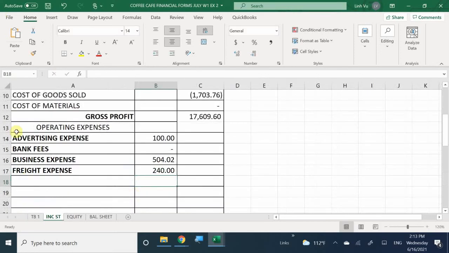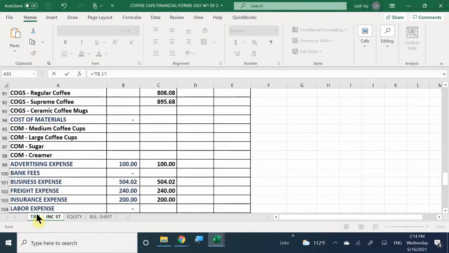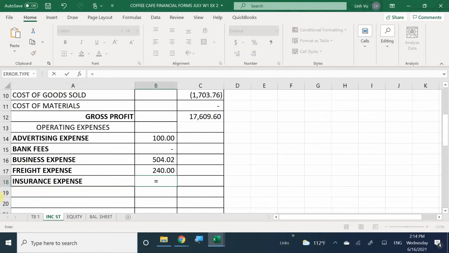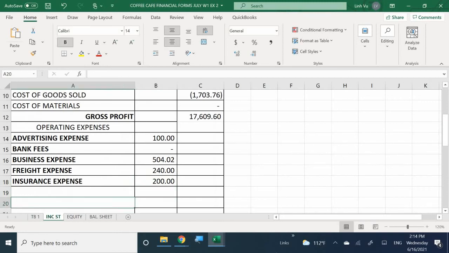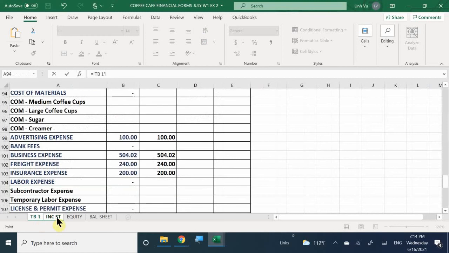Okay. And then insurance expense, for a total of? 200. What else is there?